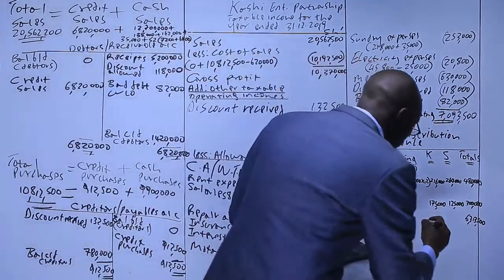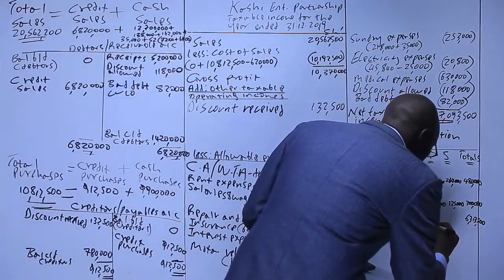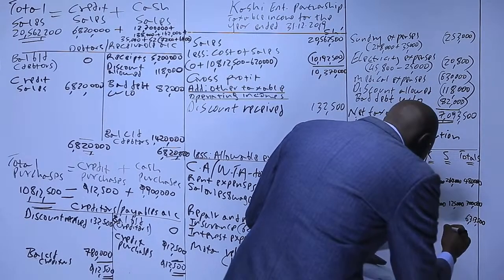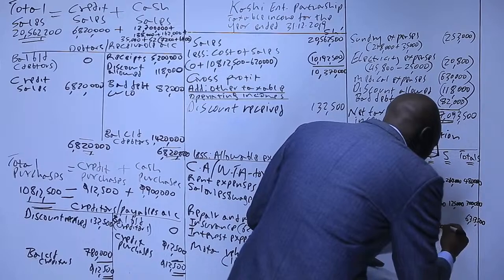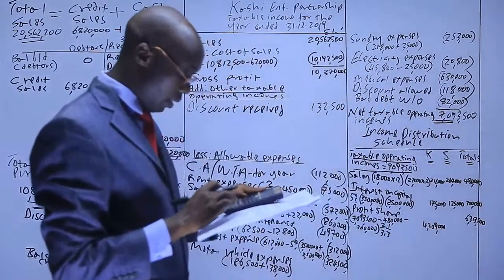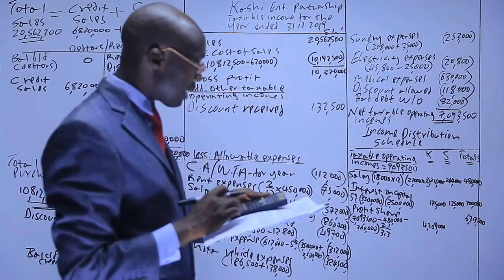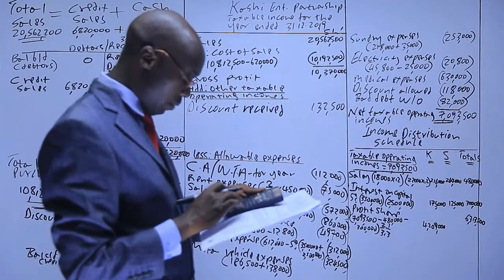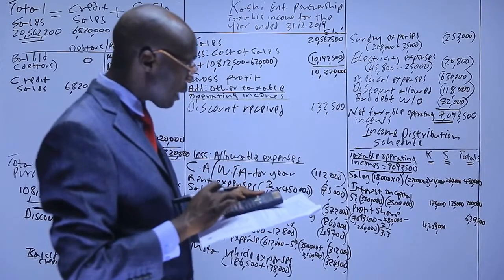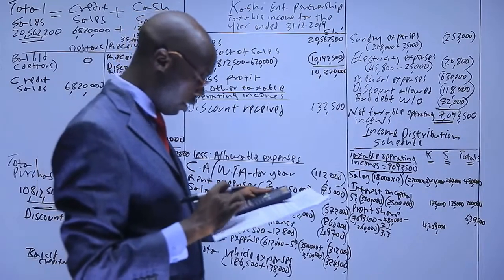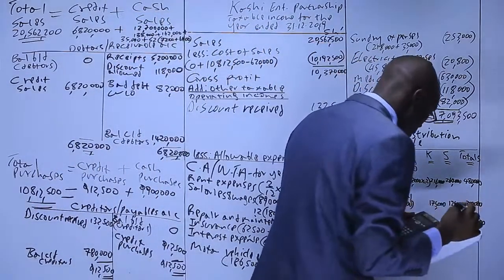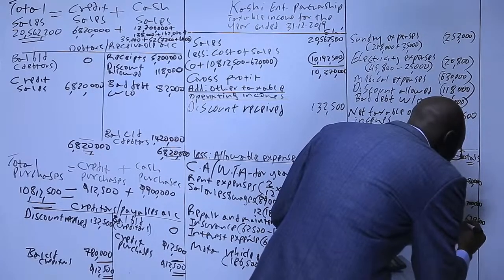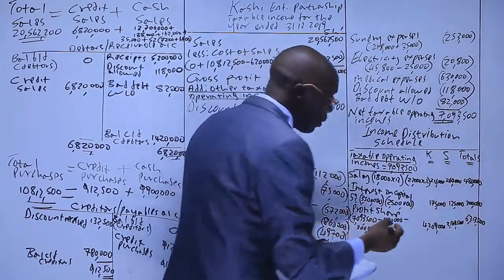That gives us 4,209,000, sorry. And the other one, we can take the 6,313,500 minus what we have given this one. That will give us 2,104,500.